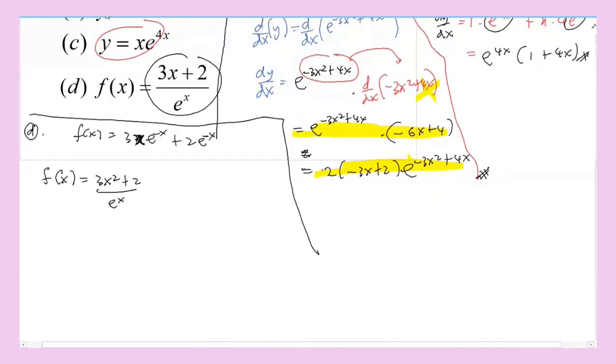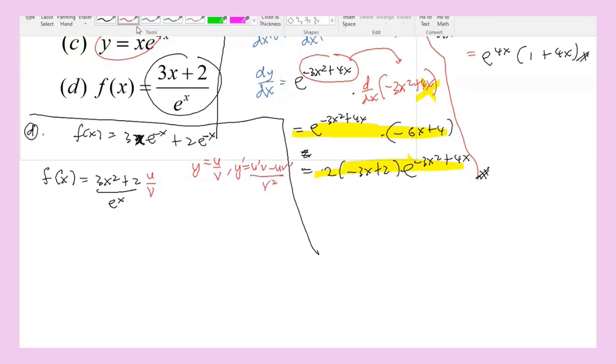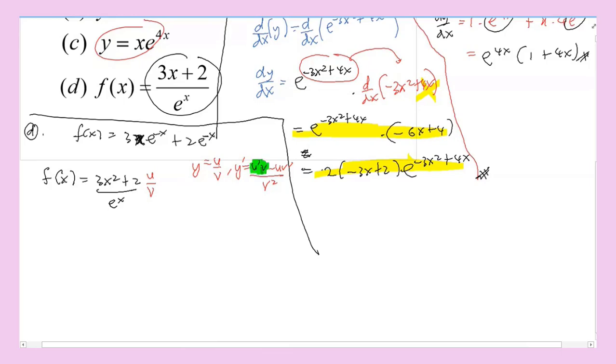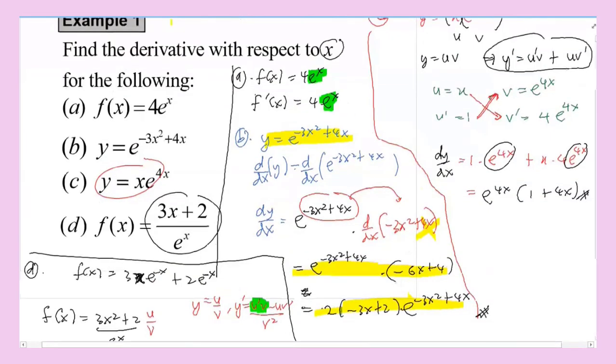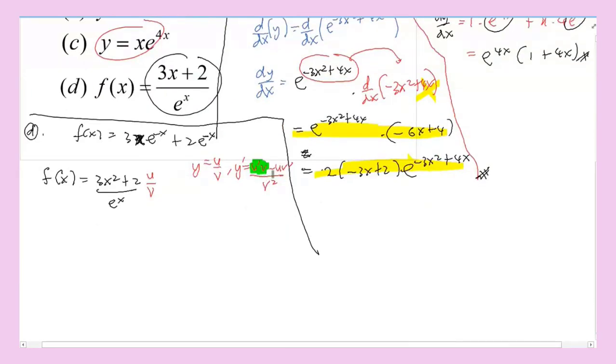This is U over V. So y equals U over V, and y prime is (U prime V minus U V prime) over V squared. Make sure U prime comes first. That's why for the product rule too I prefer to memorise U prime first. Okay, so we label: U is equal to 3x squared plus 2, V is equal to e power x.